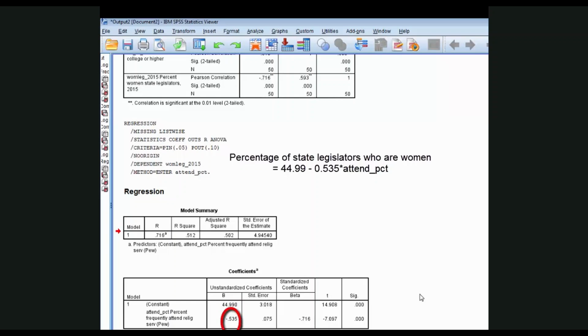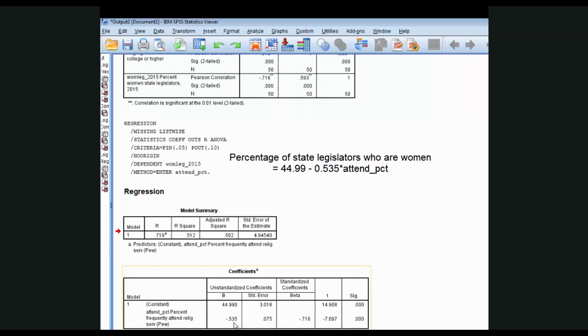With every 1 percentage point increase in frequent attenders in the state, the percentage of female legislators declines by about half a percentage point, minus 0.535. Regression analysis is very precise this way. You can say, boy, that's putting a pretty fine point on it. That's the point.